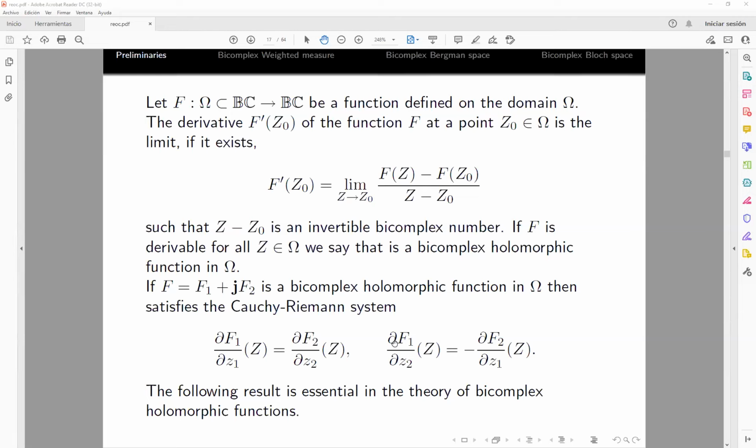As you can see, this Cauchy-Riemann system is equivalent to the classical Cauchy-Riemann equations, but instead of X or Y variables, we are considering C1 and C2 complex variables. But this is analogous.